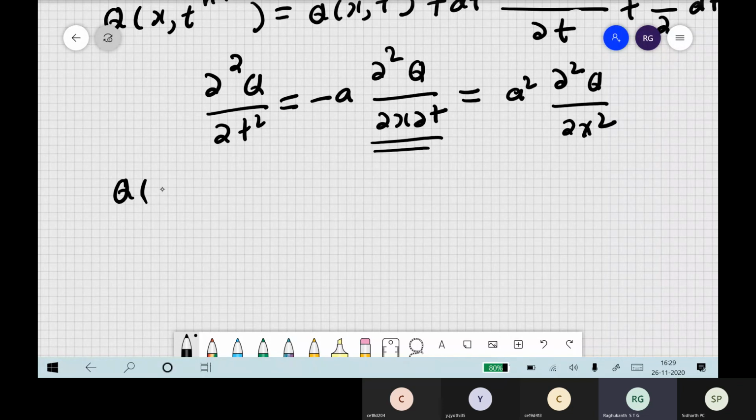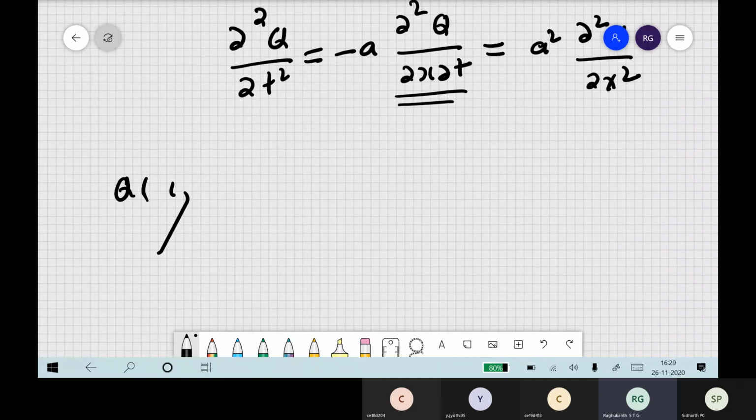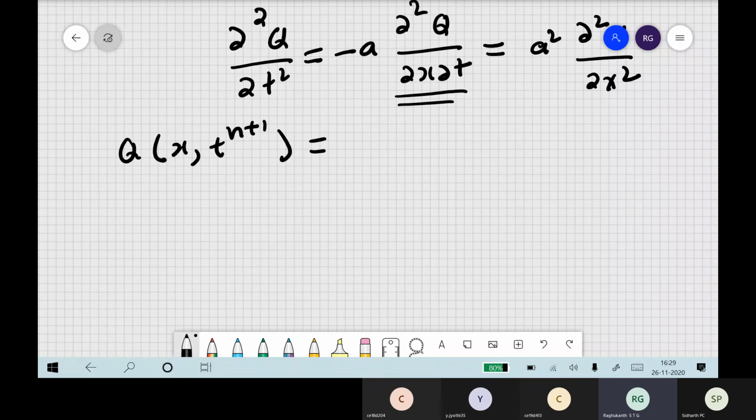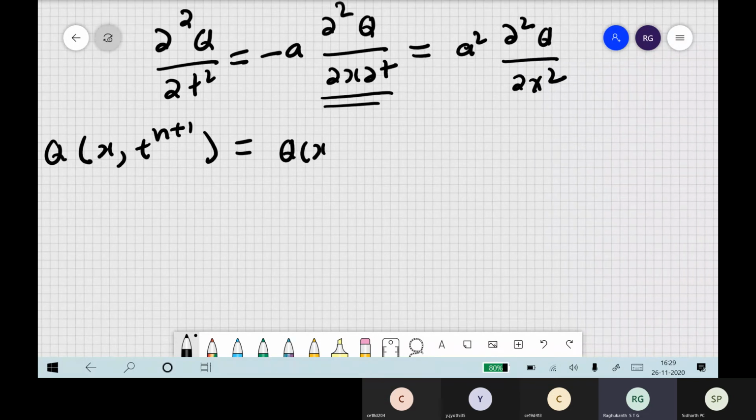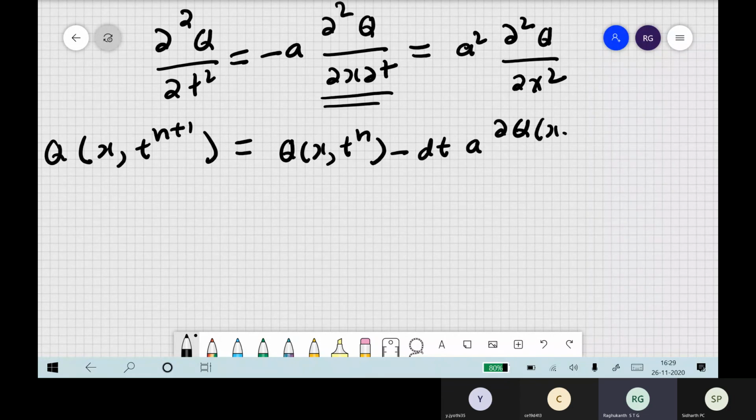So you can write q(x, tn+1). The derivatives, we are replacing the time derivatives with the space derivatives: minus dt times a ∂q(x, tn)/∂x, okay.